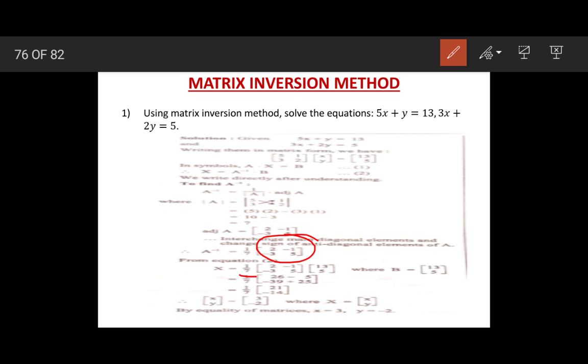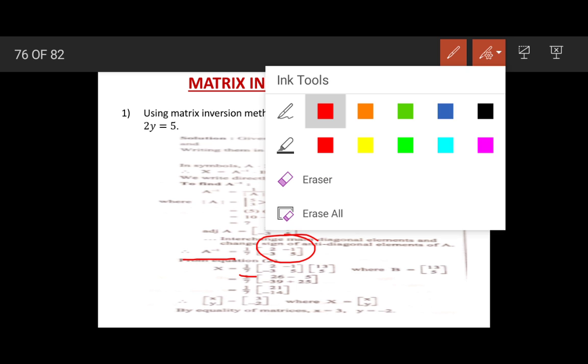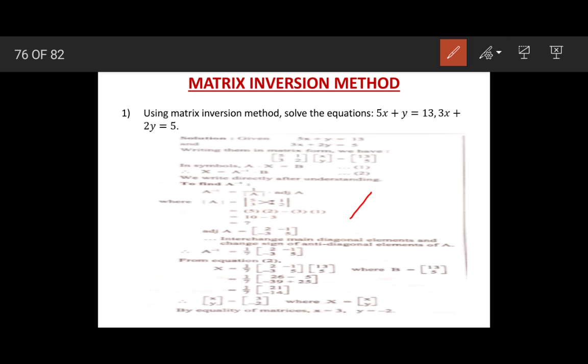Okay. After finding A inverse, next is X. Since X is equal to A inverse into B matrix, where A inverse is 1 upon 7 into the matrix of 2, -1, -3, 5, into B. B is a matrix of constants, so B is a matrix of 13 and 5.